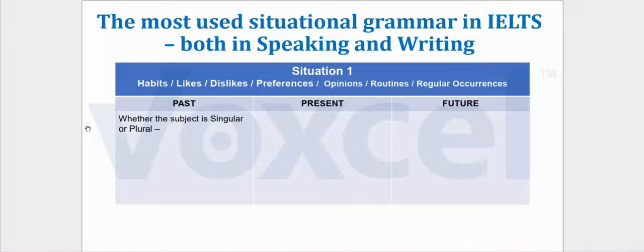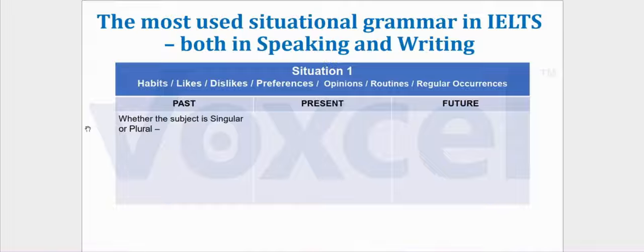If you want to talk about your friend's habits, likes, dislikes, who is the subject? Your friend. If you are talking about more than one friend, your friends. If you're talking about your parents, father or mother, or your siblings, brother, sister, cousins, neighbors, whomever you are talking about, their habits, likes or preferences, they are the subject.